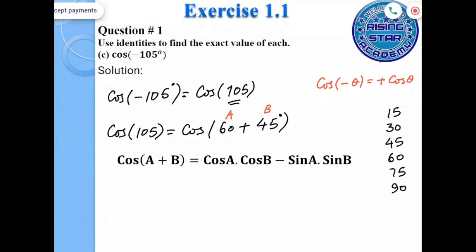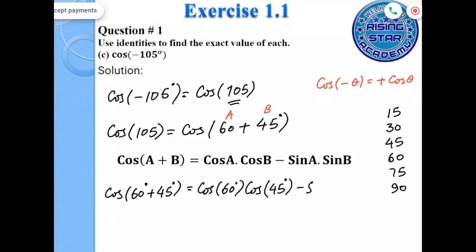So cos of 60 degree plus 45 degree is equal to cos of 60 degree into cos of 45 degree minus sine of 60 degree into sine of 45 degree.